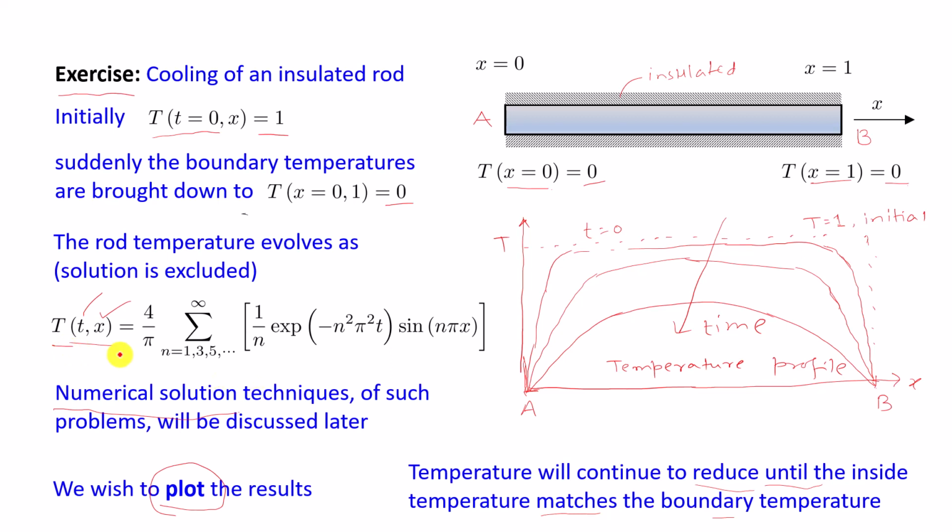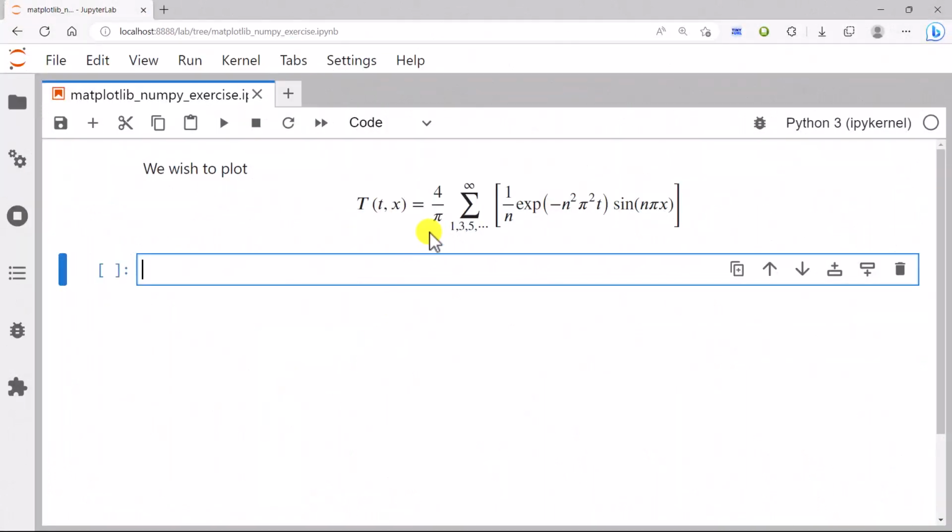And when we take discrete data, T as a function of time and x will be a two-dimensional array in numpy. So let us see how it goes. So here we have written the equation, and this equation we are interested to plot. To plot this, first of all, we need this package matplotlib, and I start from there.